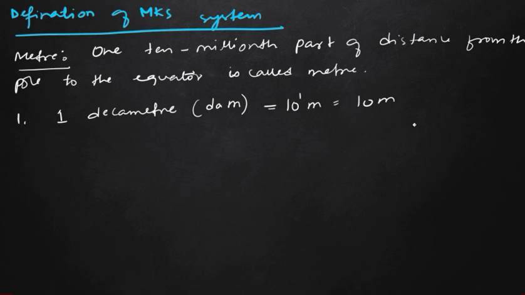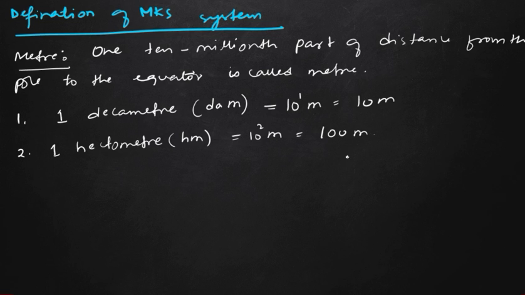Then we have 1 hectometer, written as hm. It is 10 squared meter, that is 100 meter. Then we have 1 kilometer, in short km. It is 10 to the power 3 meter, or 1000 meter.